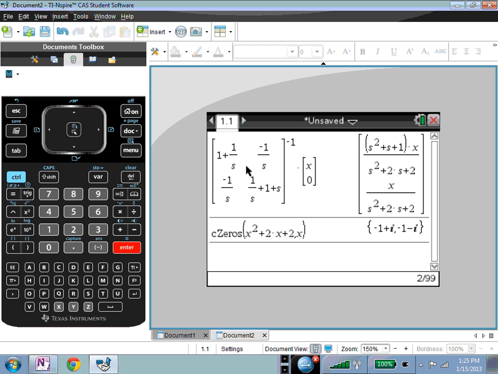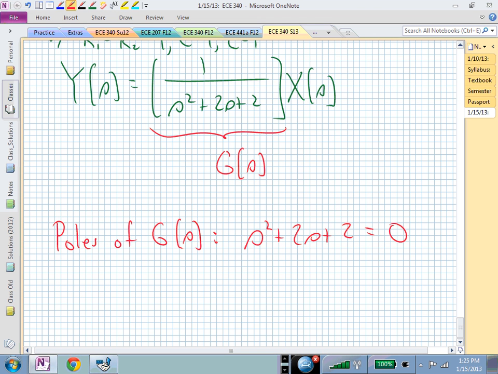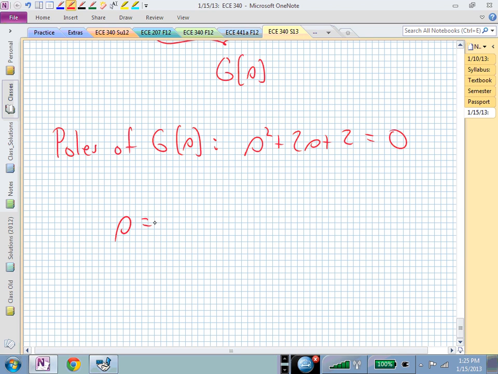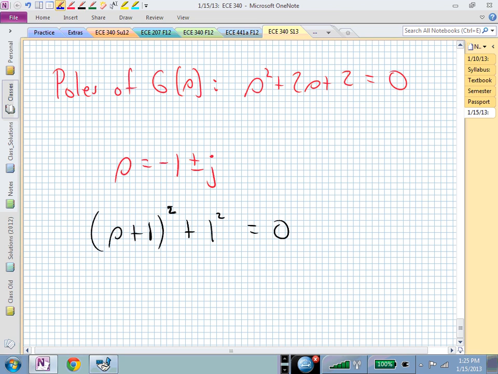And now those are my pole locations, -1 plus and minus J 1. Those are now my poles, meaning I now have poles there. Or I could rewrite that in the form that I like to write it. I like to write this as S plus 1 squared plus 1 squared, which really is saying that I have S plus the real part squared plus the imaginary part squared.